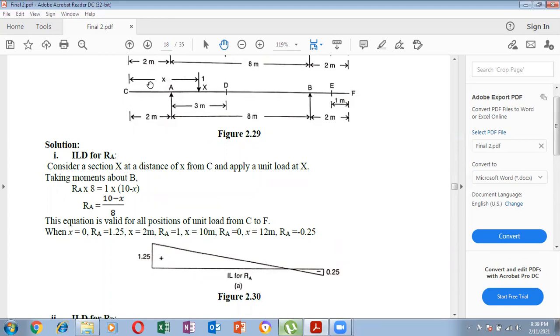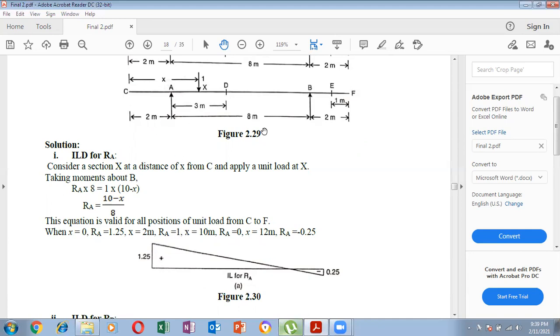So we have to apply the boundary conditions, starting with x equal to 0. When x is equal to 0, what will be the value? It will be 1.25. Mark the ordinate as 1.25. When x is equal to 2 meters, that is at point A, it is (10 minus 2) divided by 8, which is equal to 1. So under A, the influence line ordinate will be 1.